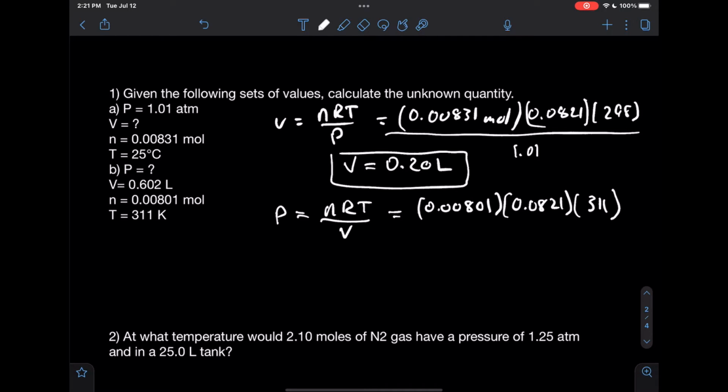Since this temperature is already in Kelvin, we don't need to add 273 to it, so we're good to just plug that into the equation. We'll divide this by the volume, which is 0.602 liters. After plugging this into your calculator, you'll find that P is equal to 0.340 atm.